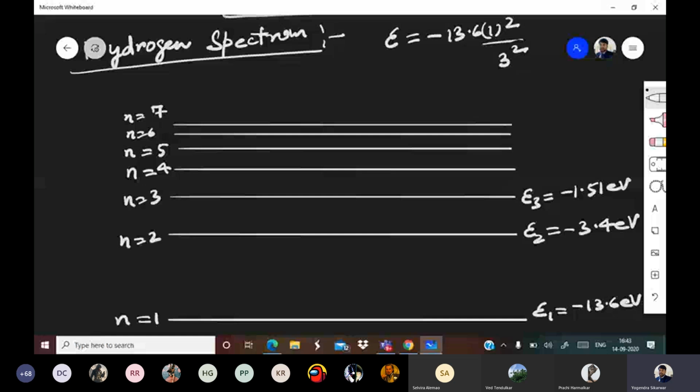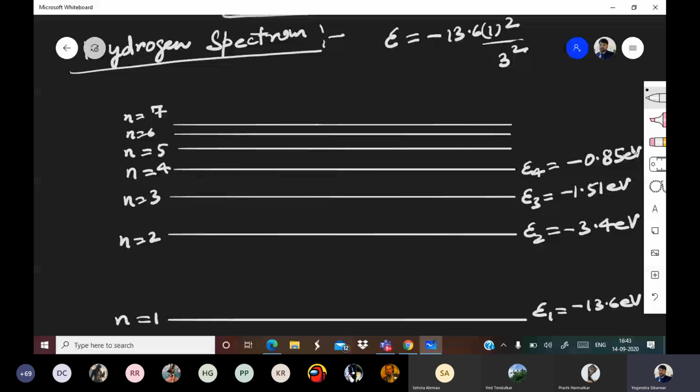Everyone please check. 13.6 divided by 9, so that will be 1.51, right? Now when n is equal to 4, 13.6 divided by 16. So E4 will be minus 0.85 eV.